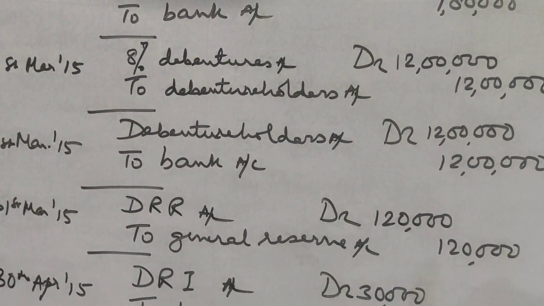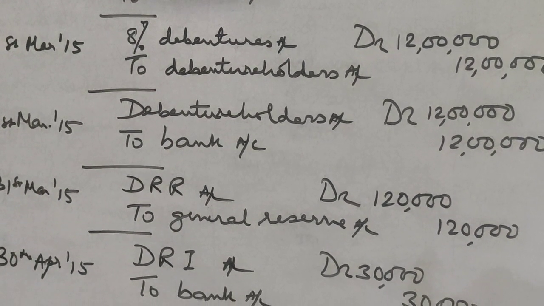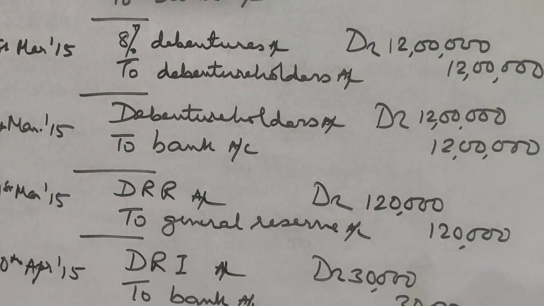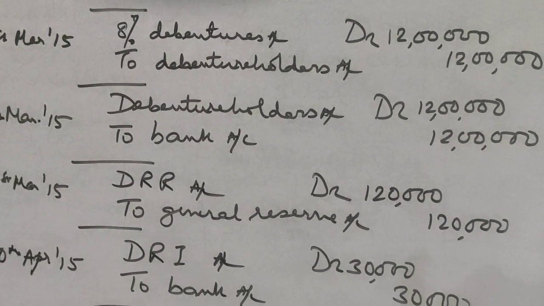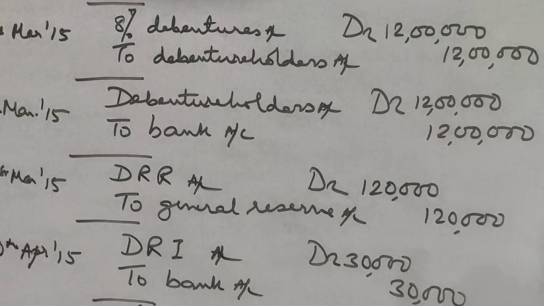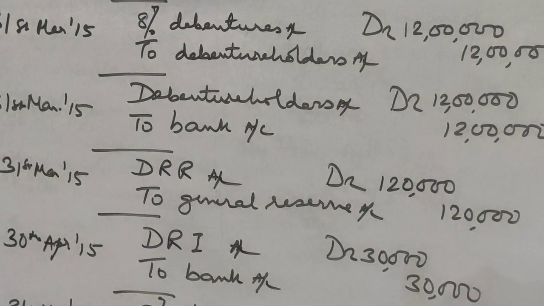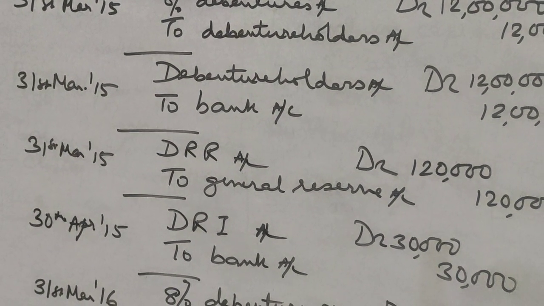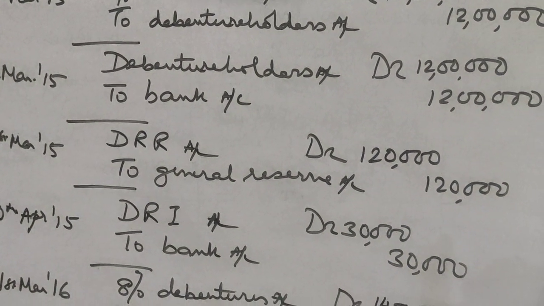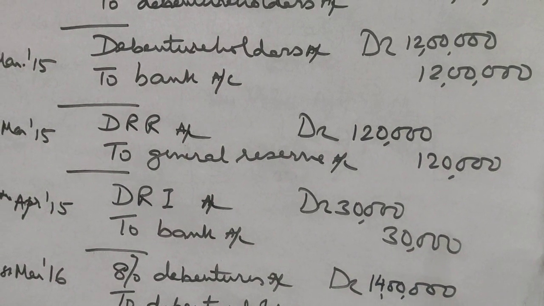Now we have paid off debentures of 12 lakh, so 10% of that, 1,20,000, we will transfer from debenture redemption reserve to general reserve. Same date, 31st March 2015, debenture redemption reserve account debit 1,20,000 to general reserve 1,20,000.